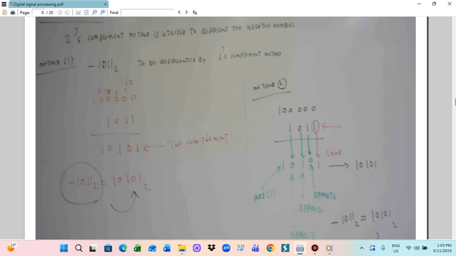This one becomes 0 and this one 1. So you get 1101. Then you add again 1011 and 1001. So you add 1 and 1 to 0. So this is what we got: 10101.